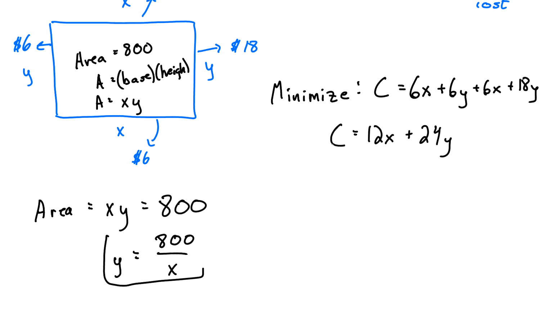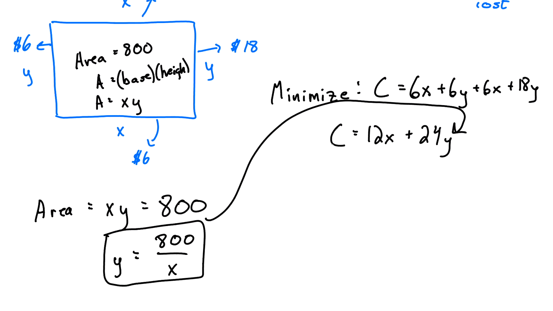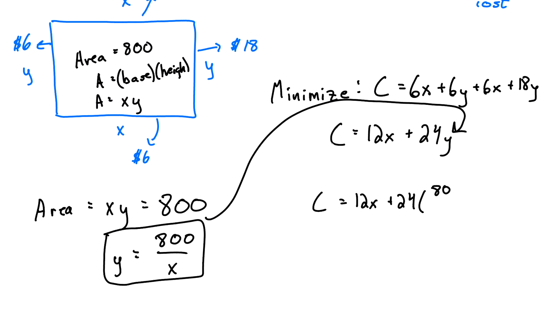I can take this equation for y, and I can plug that into my cost function, and then I'll end up with something that's in terms of just that one single variable. It will only be in terms of x. So my cost is equal to 12x plus 24 times y, but we said y is the same as 800 divided by x.